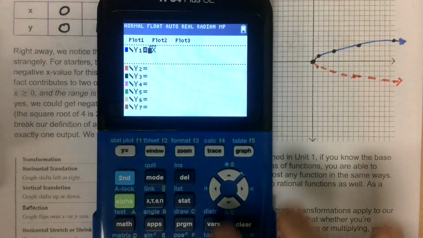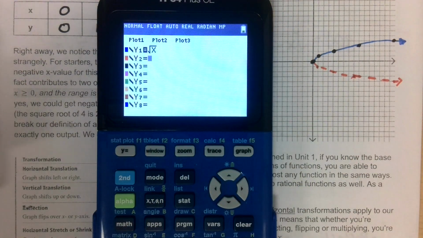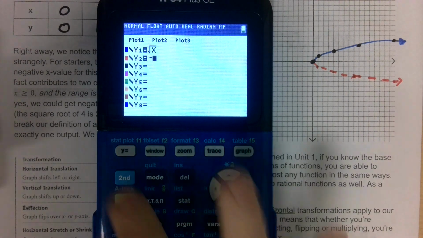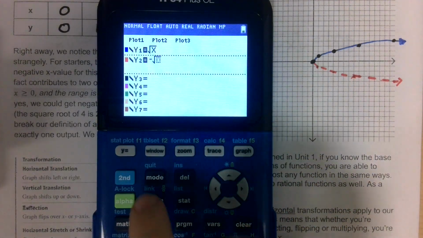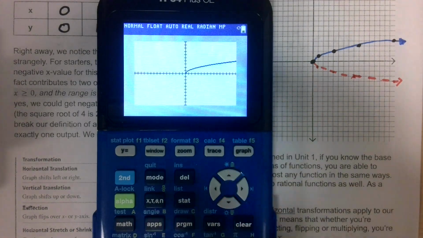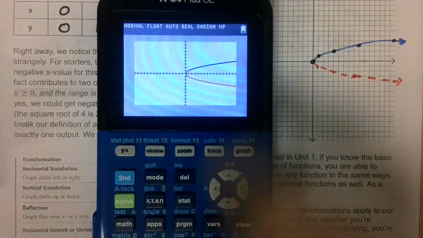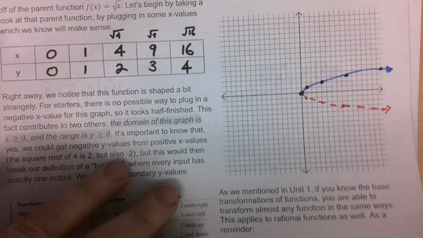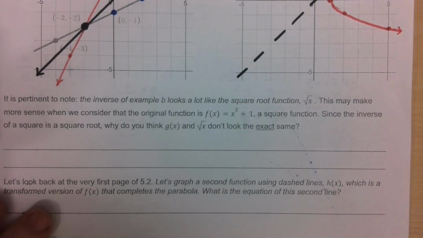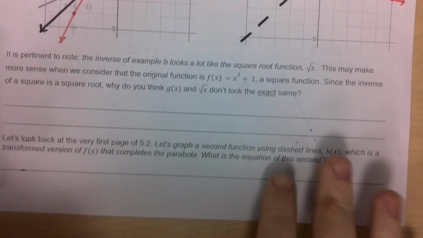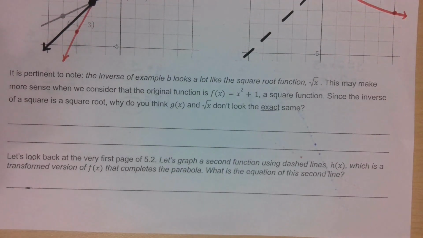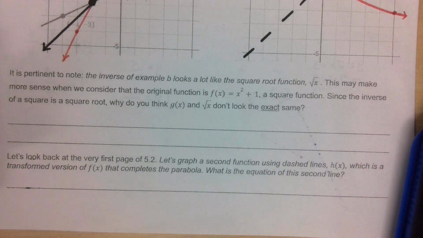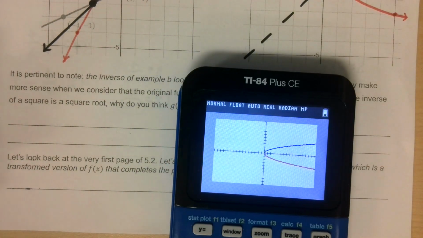To graph a sideways parabola, to graph the inverse of a parabola, you also need to graph negative square root of x. Like this. And now it makes sense. Everybody, the inverse of squaring something is square rooting it. The inverse of a parabola is going to be a positive and negative square root. Like so.